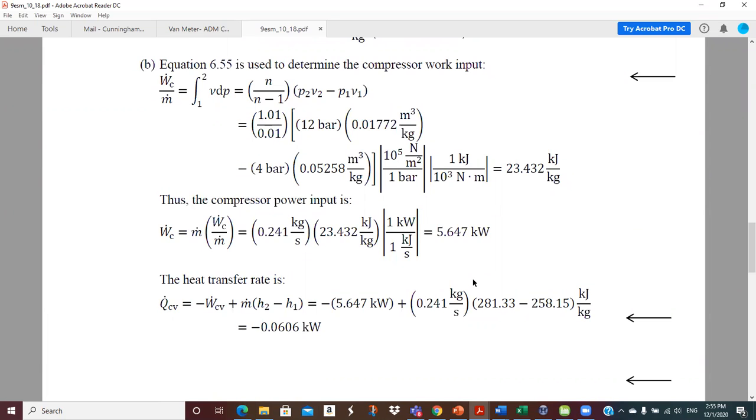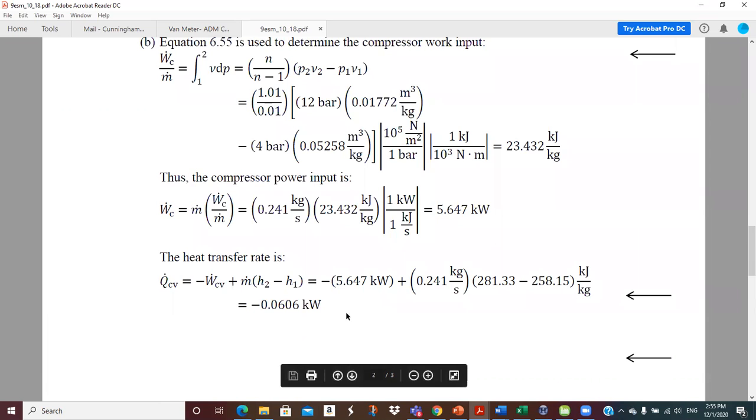And so we do an energy balance. That's actually going to be a negative, right? Because that's being done by the machine on the working fluid. Okay, so the heat transfer. We have solved for the heat with the first law energy balance.